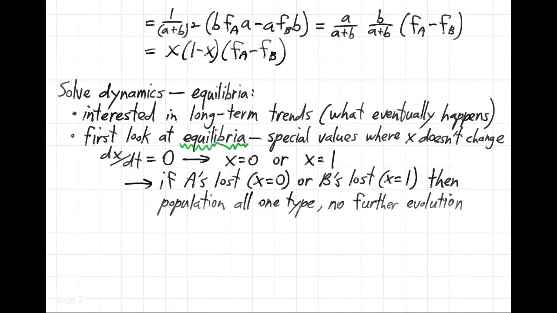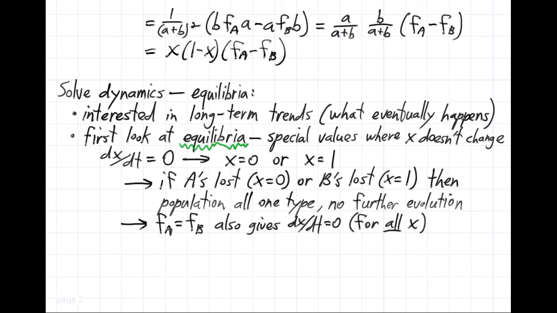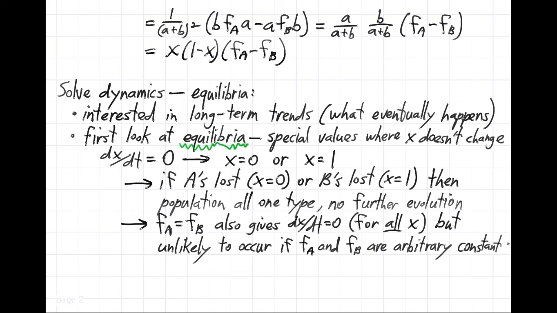There's also the third case in our rate equation. That's if FA is equal to FB. That also gives dx dt equal to 0. And the interesting thing about that is that it's for all X. It's always 0. But the less interesting thing is that it's unlikely to occur by chance if these parameters FA and FB are arbitrary constants.